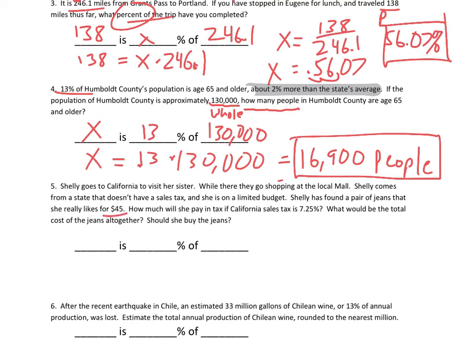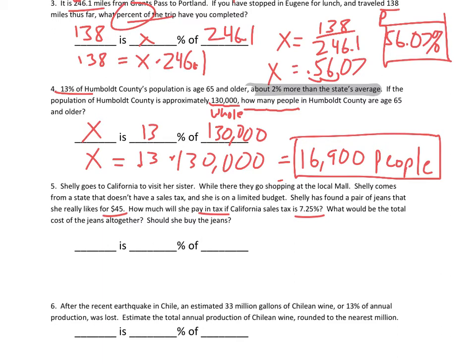All right. How much will she pay in California sales tax if the sales tax is 7.25%? Okay, so we're just looking for how much she'll pay in tax, not total. Okay, that's the first question. And then, what is the total cost for the jeans altogether?